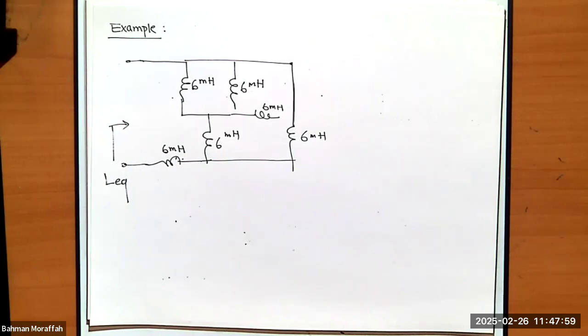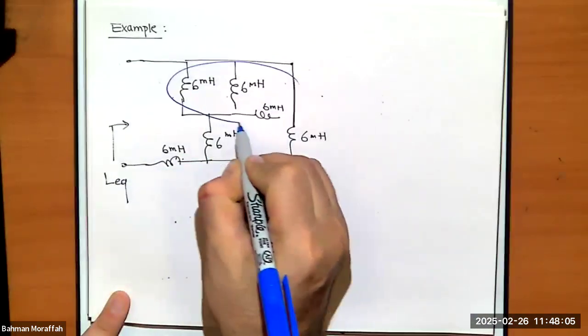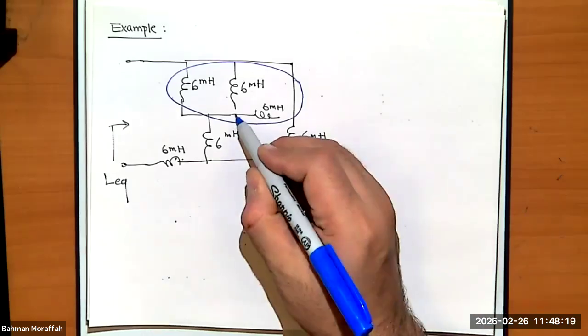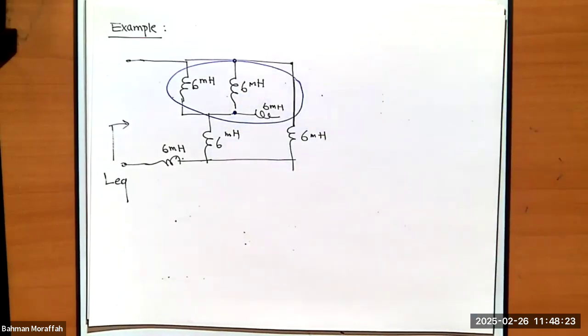What do we have here? Do you agree these three are in parallel? Yes? They have the exact same head and they have the exact same tail. This is the head and this is the tail for all of them. Right?